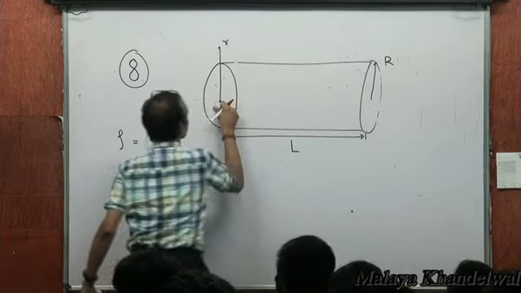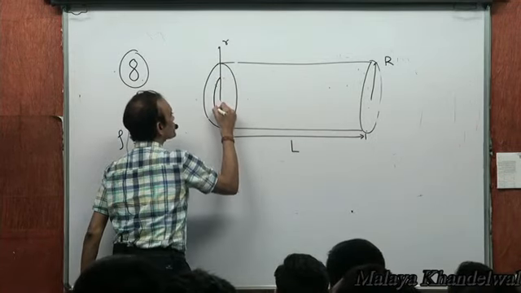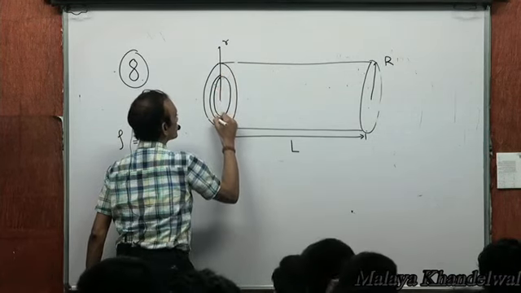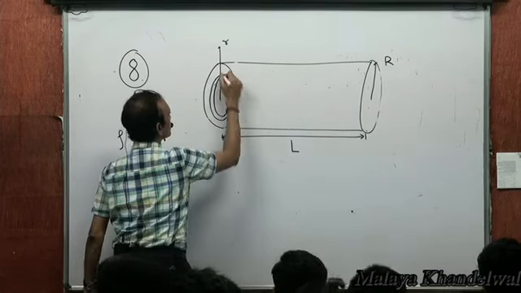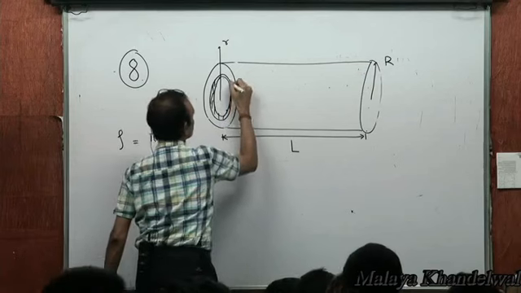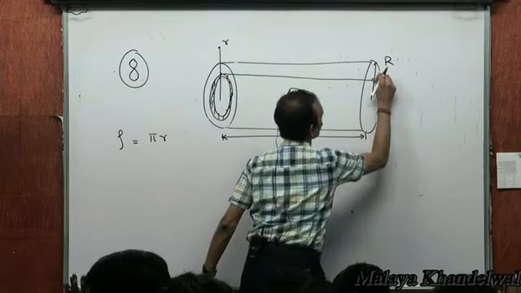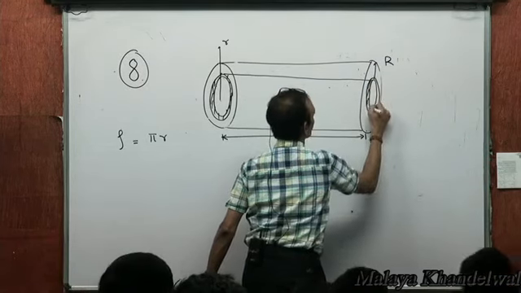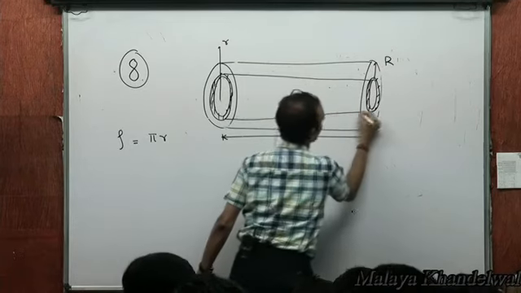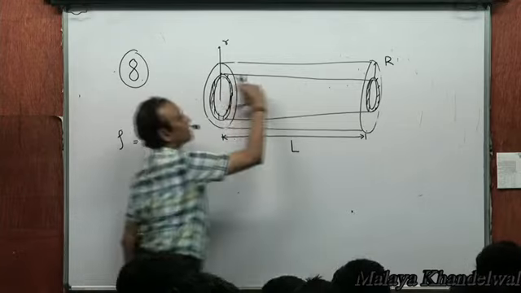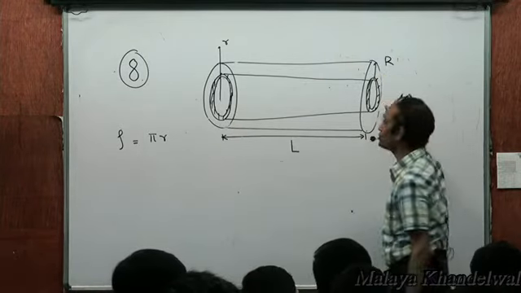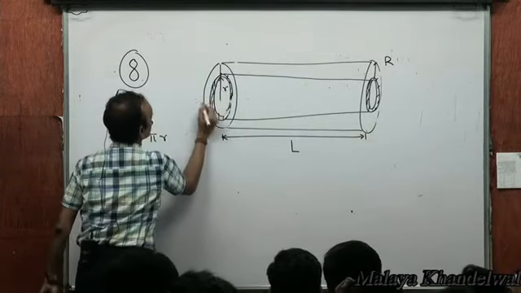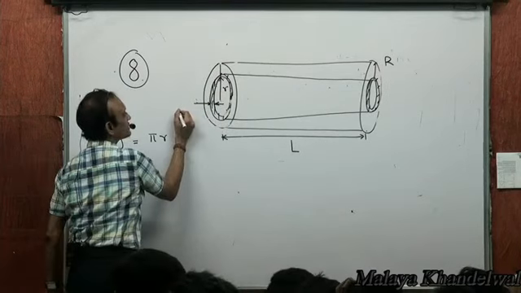Now what we do is construct a concentric element across the length, coaxial with the cylinder, of length L. This shaded portion is of radius small r and thickness dr.